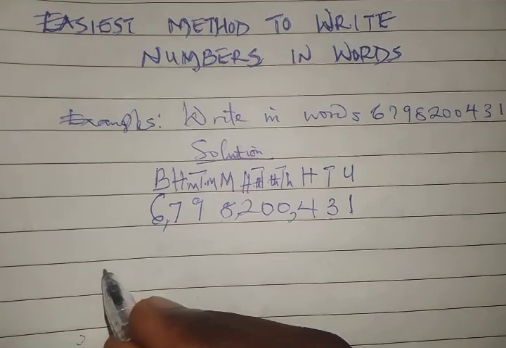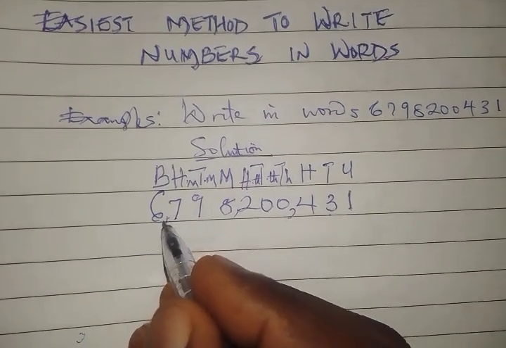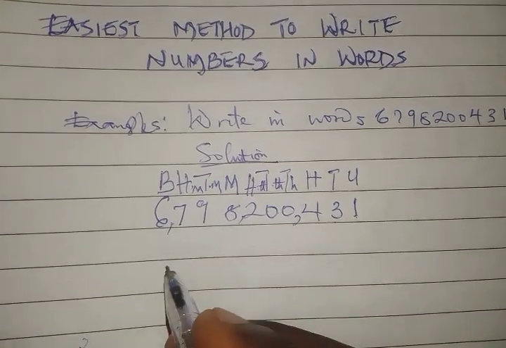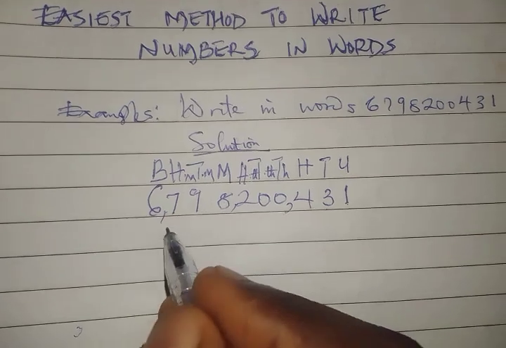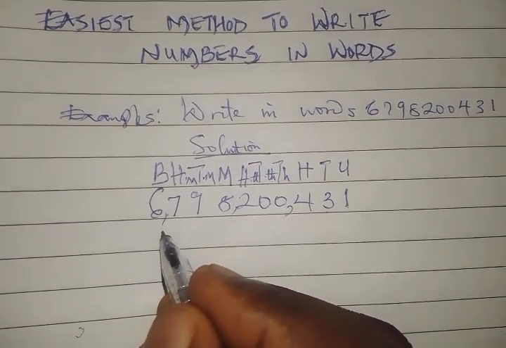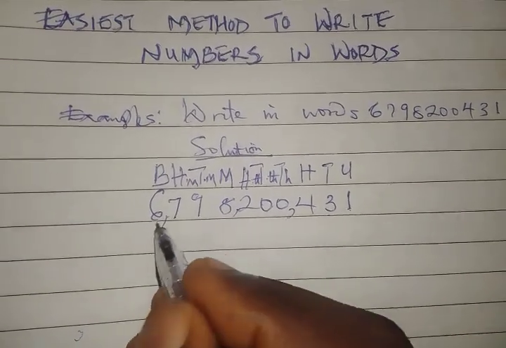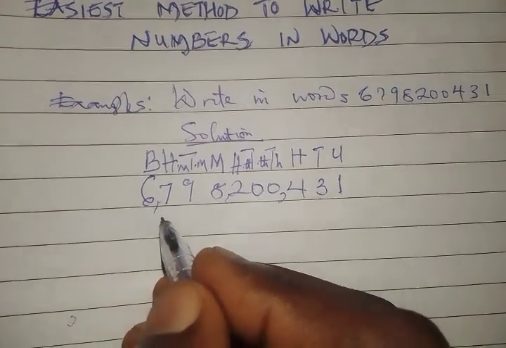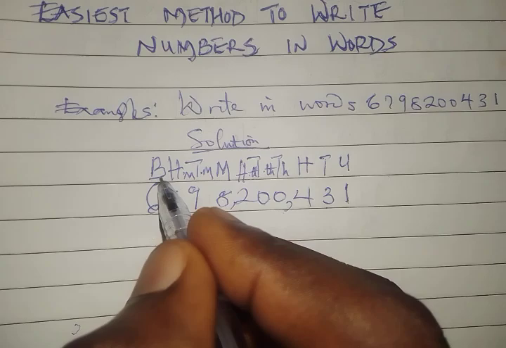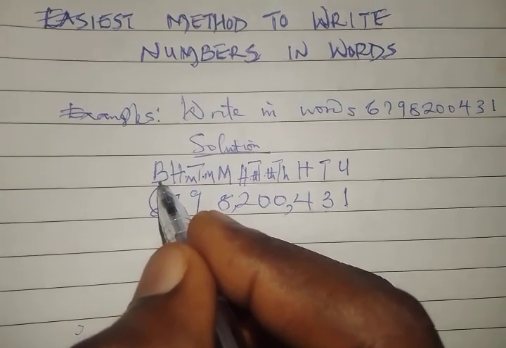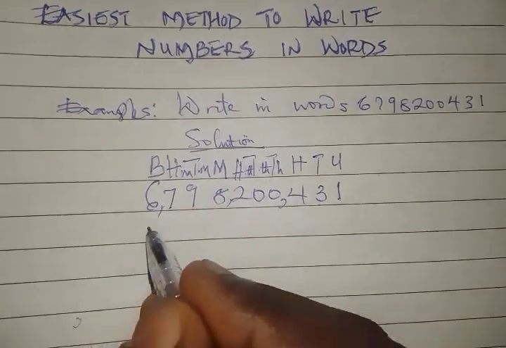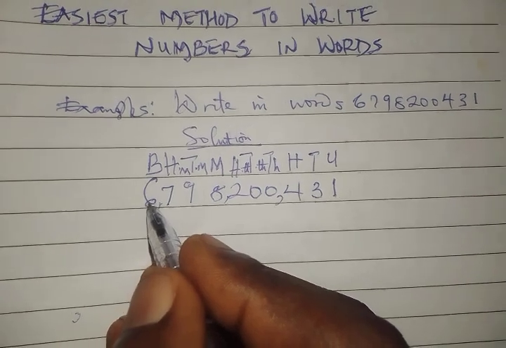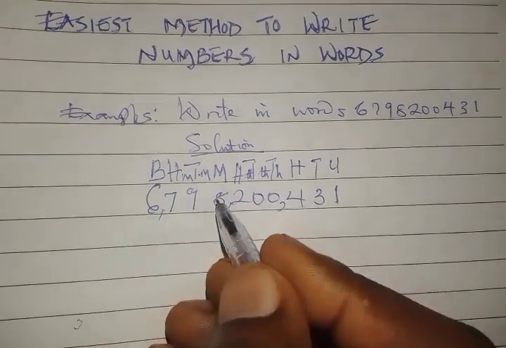So you then have 6. There was a comma, so you're just going to call 6. Had it been that we have 2 and 6 before the comma, you would say 26. But since you just have 6 and there is a comma, you're just going to have 6. Then you check what was written above 6. If I have 6 and 1, it will be 61.